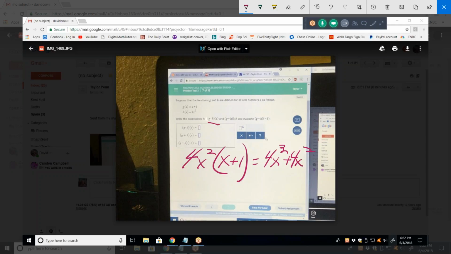Okay. And g plus h. 4x squared plus x plus 1. And g minus h evaluated at -3. First of all, what's g minus h?